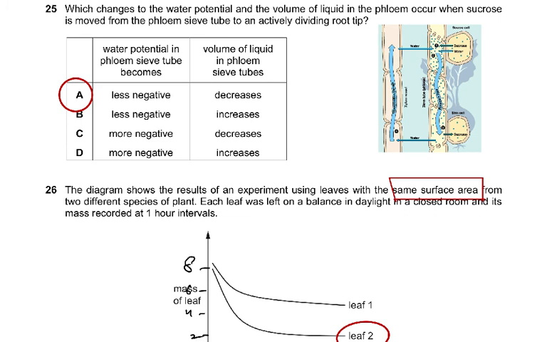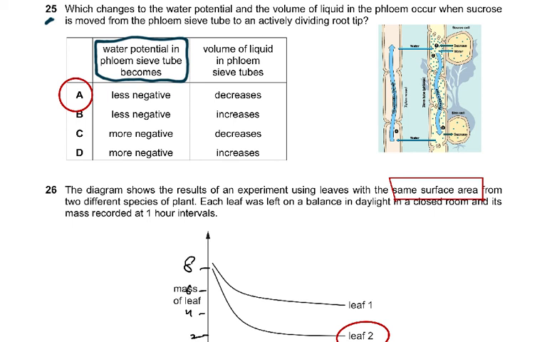In question 25, which changes to the water potential and the volume of liquid in the phloem occur when sucrose is moved from the phloem sieve tube to an actively dividing root tip? So naturally, what we have to understand is the headings: water potential in the phloem sieve tube becomes, and volume of the liquid in the phloem sieve tube.